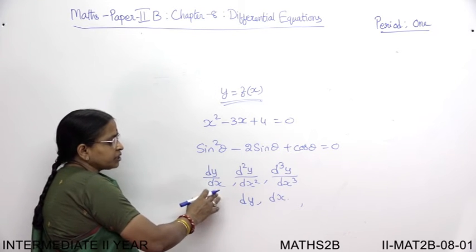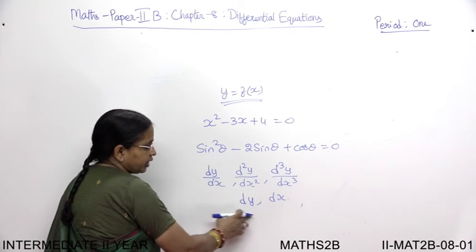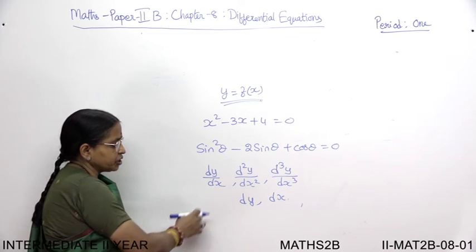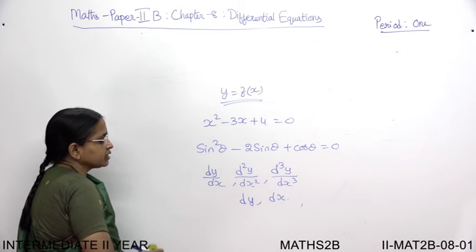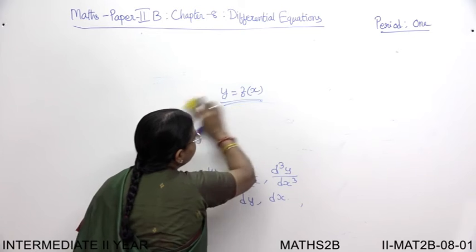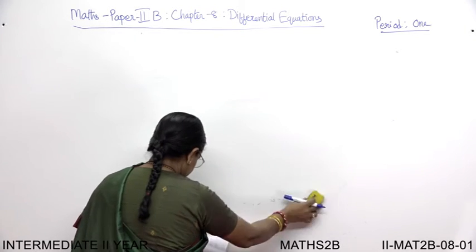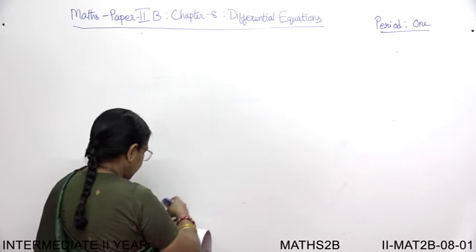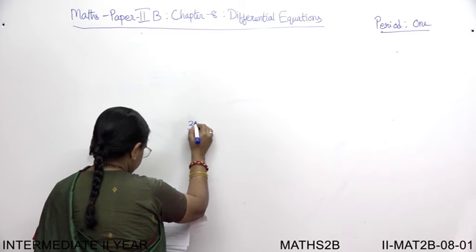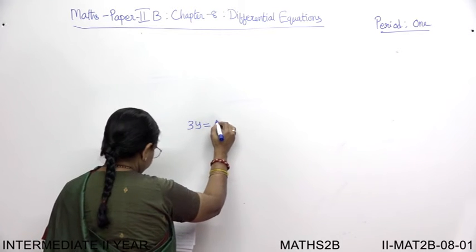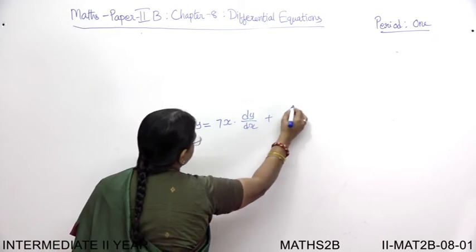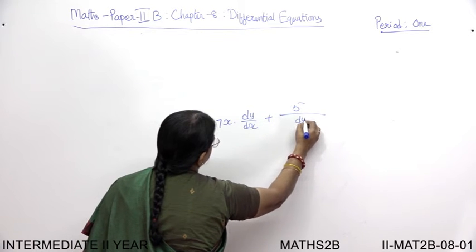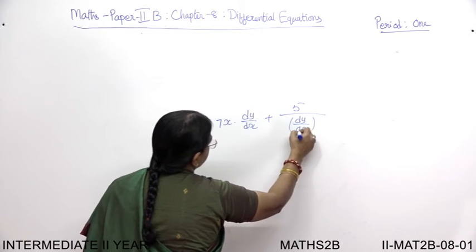So an equation which contains these derivatives or differentials of the dependent variable with respect to the independent variable is called a differential equation. I'll take one example. Suppose that you have an equation like this: 3y is equal to 7x into dy by dx plus 5 by dy by dx, like this. So this is a differential equation.